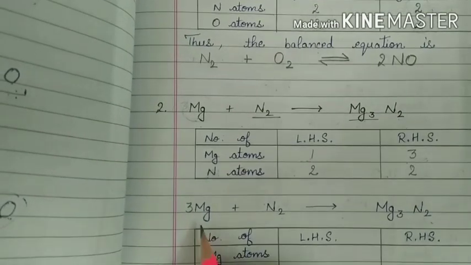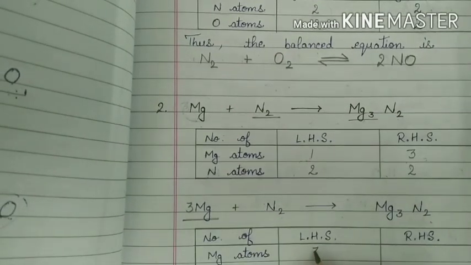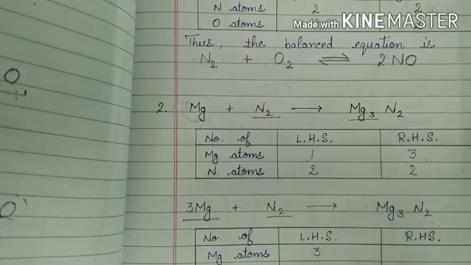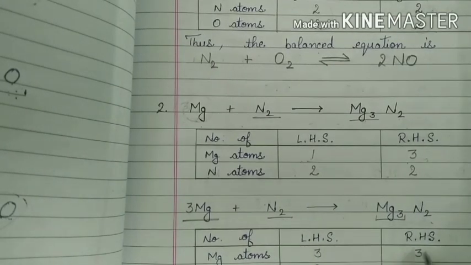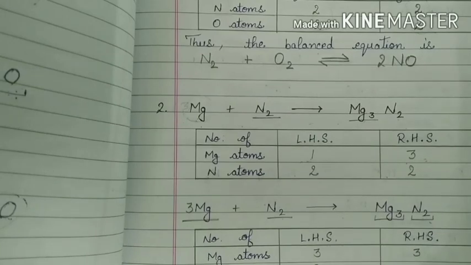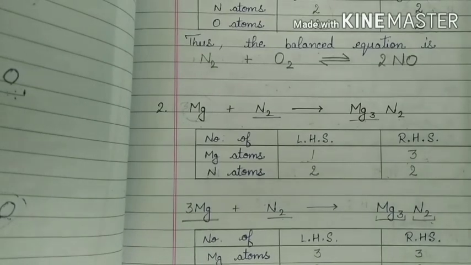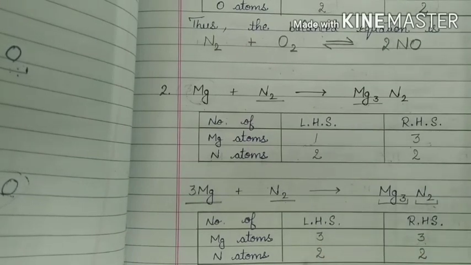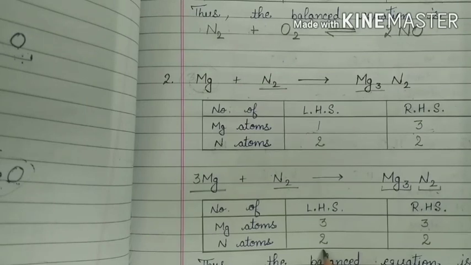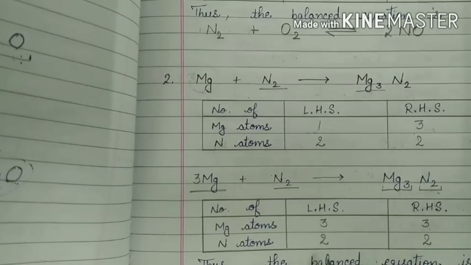Count the number of atoms. Magnesium 3 on the left-hand side, nitrogen 2 on the left-hand side, 3 magnesium on the right-hand side, 2 nitrogen atoms on the right-hand side. Now see, 3, 3, both equal on the left-hand side and right-hand side, and nitrogen atoms are also equal on the right-hand side and left-hand side.